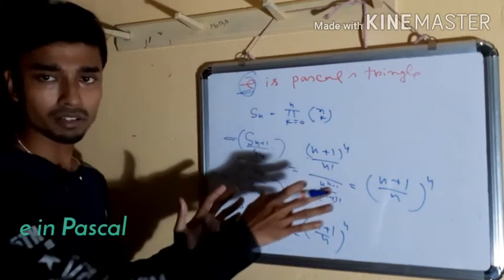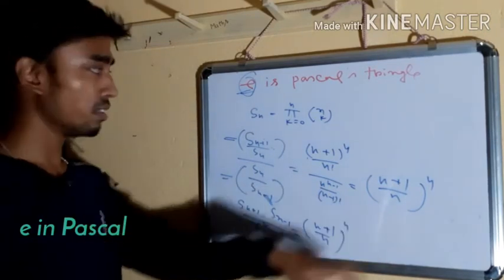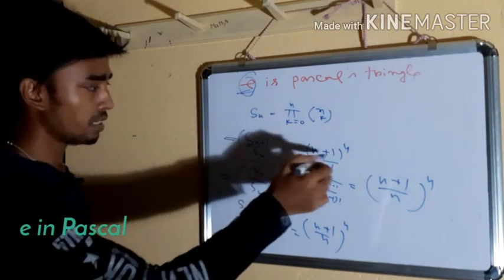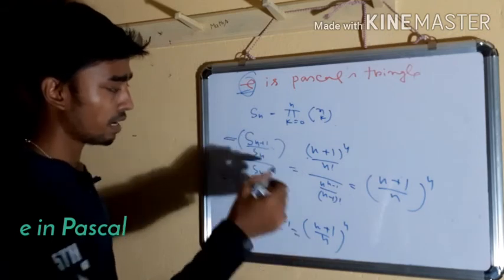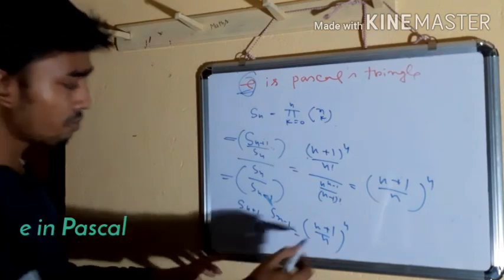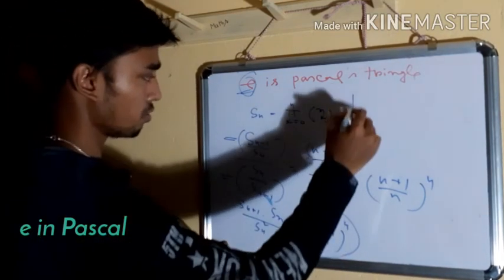You have to work it out carefully, then you will find the ratio is exactly this. At first you find the ratio of this, then you get this, and for the other you just plug in n minus 1 for n. If we know this, then it is pretty simple. So now we get this.